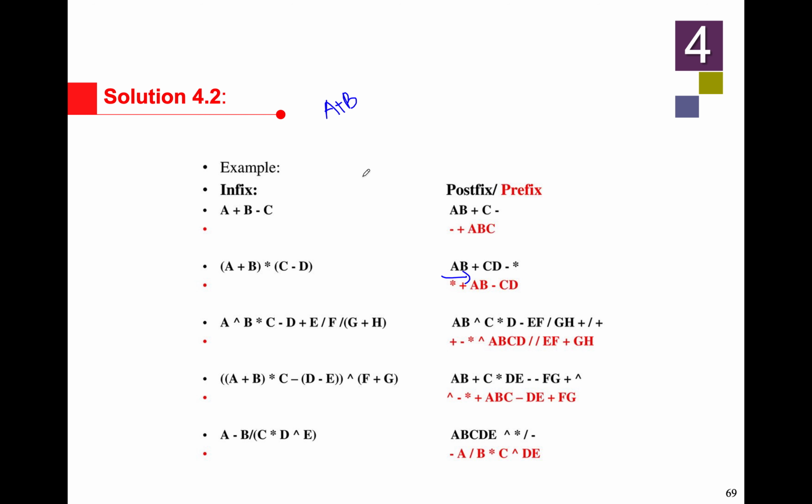So you will put it between, and then you have C, and then you have D, and you will meet the minus, which is for between them. Lastly, you will meet the multiplication. So what you're going to do, you're going to put it between these two. Is it correct or not? Yes. Try to do another example and also the solutions.